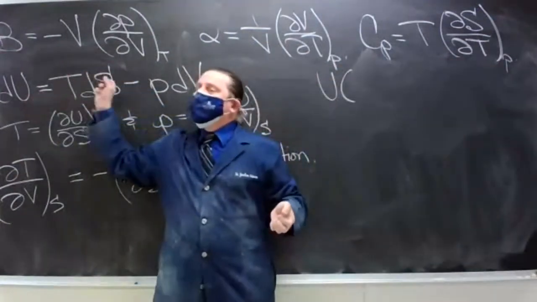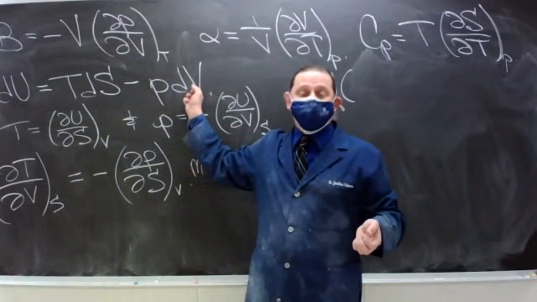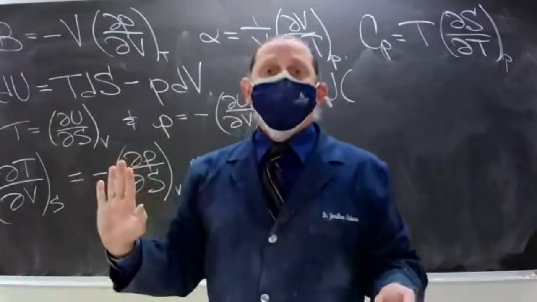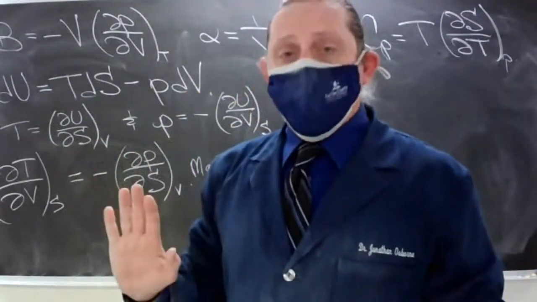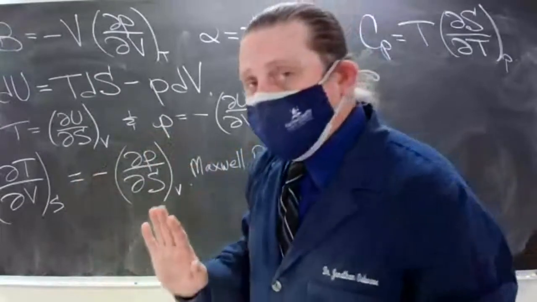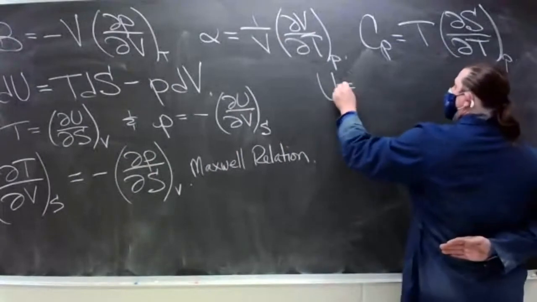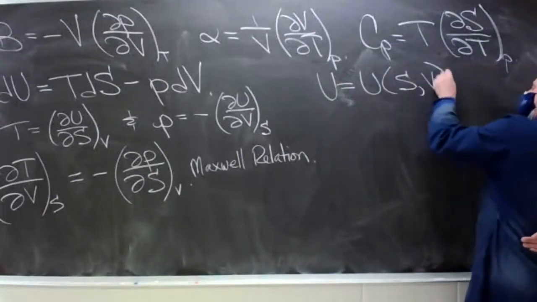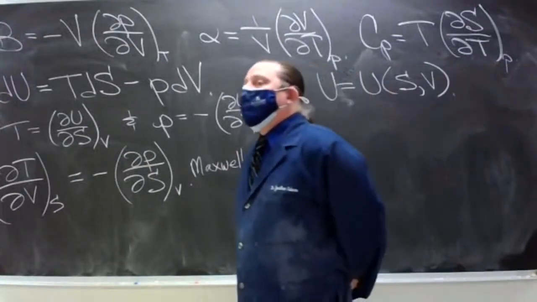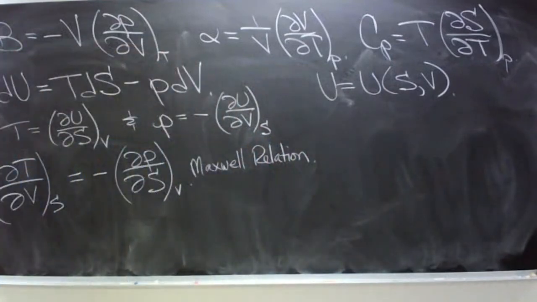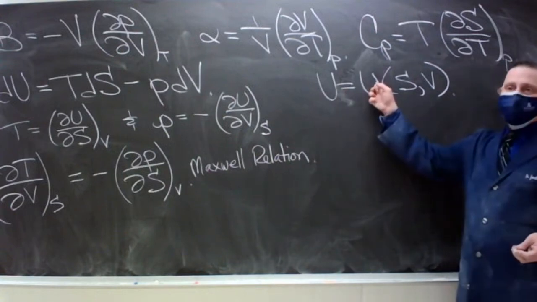When I look at this, this indicates that the internal energy is naturally a function of the entropy and the volume. If we have the internal energy as a function of the entropy and the volume, then we have the proper statement for the internal energy.